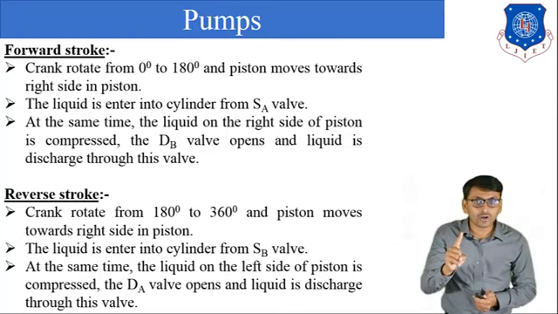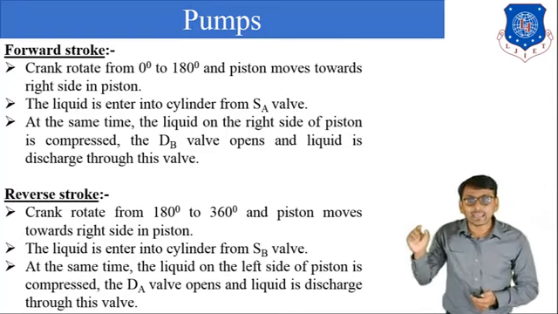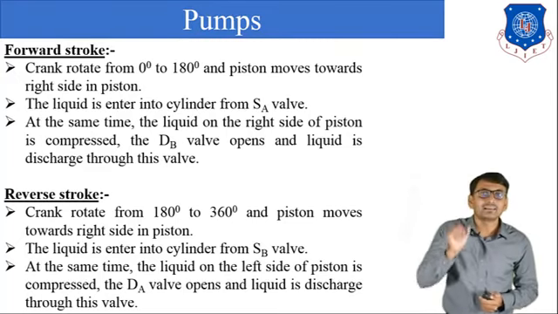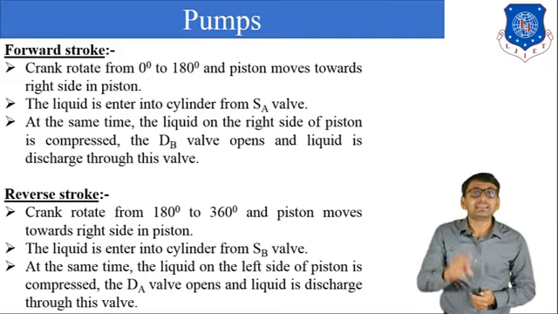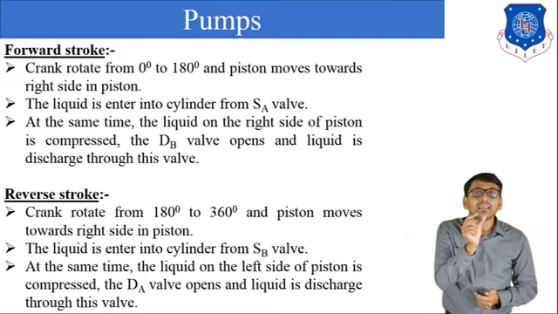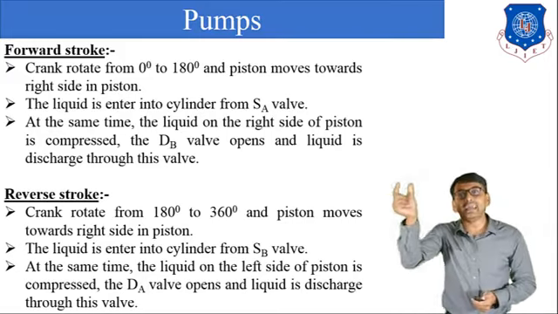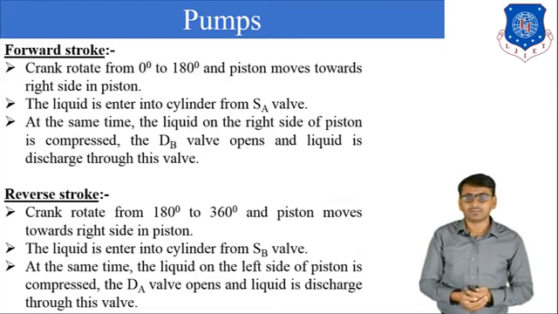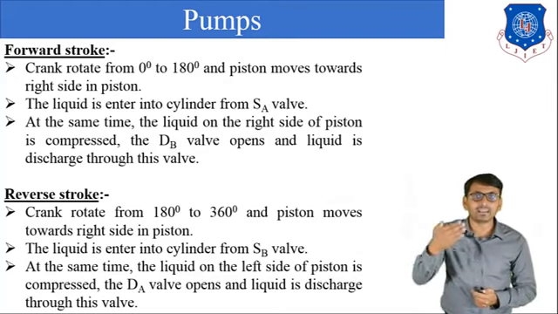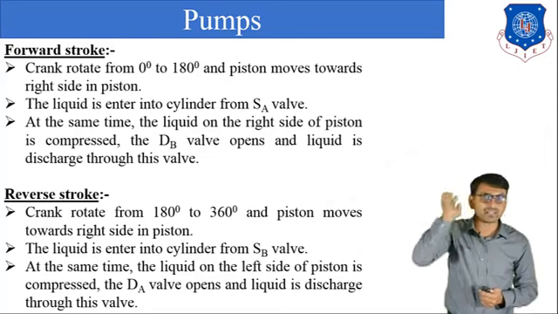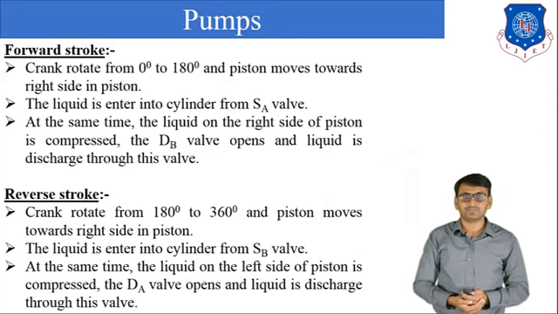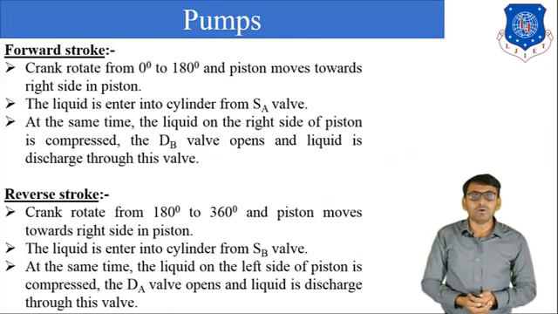So in the first stroke, SA and DB valves open; in the second stroke, SB and DA valves open. So water continuously enters and is continuously discharged in this pump. So this is about the double acting reciprocating pump.